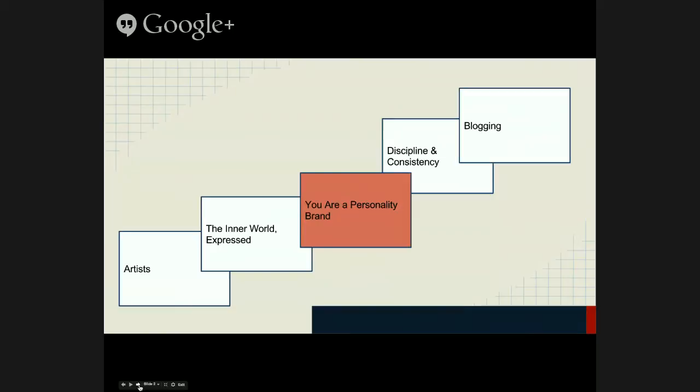You could think about this as content marketing, which a lot of people do, and blogging has become this kind of SEO strategy, really. It's become this content strategy thing, and what you can really learn from that is the aspects of discipline and consistency.